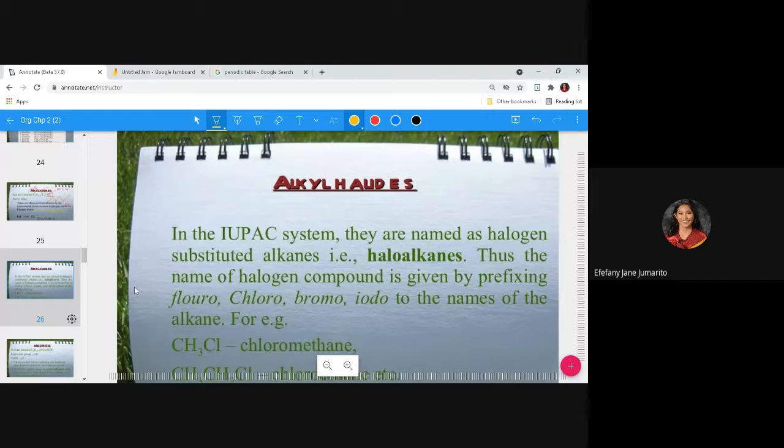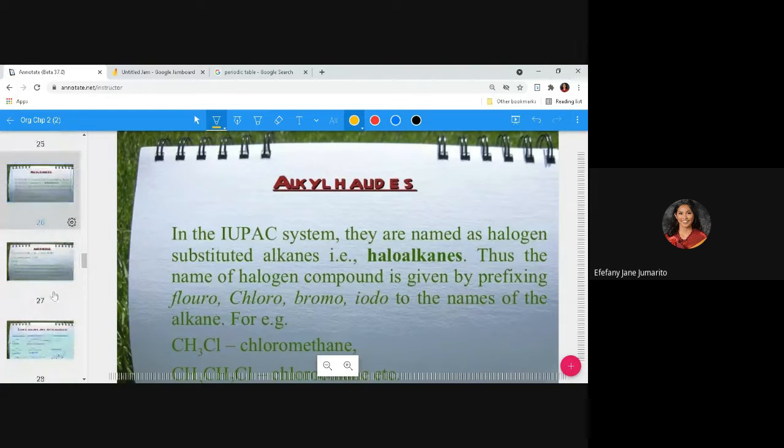No question about alkyl halides? What if you have both Cl and Br present in your compound? Which do you name first? Example: 1, 2, 3, 4, Br here, and then we have your Cl here.